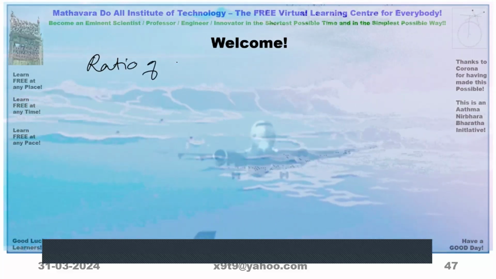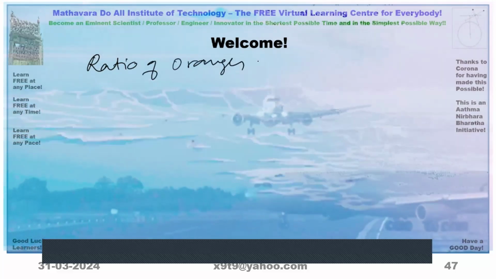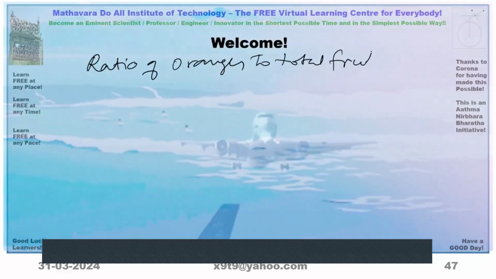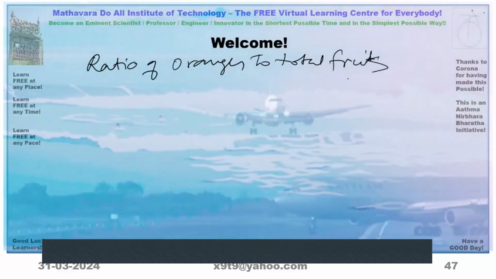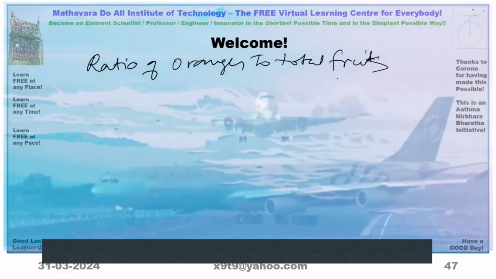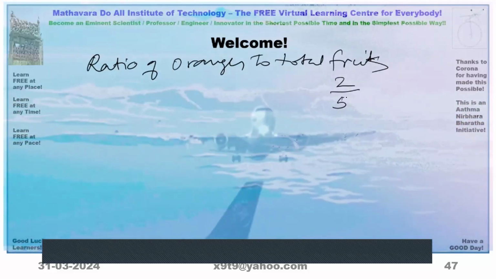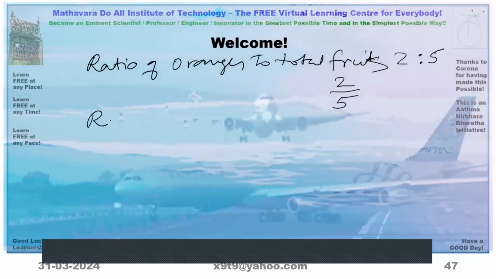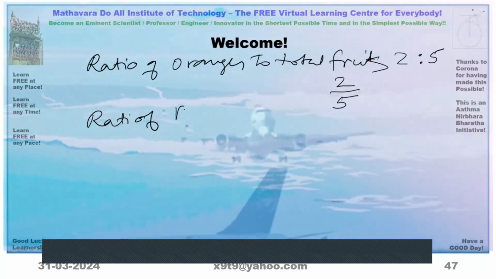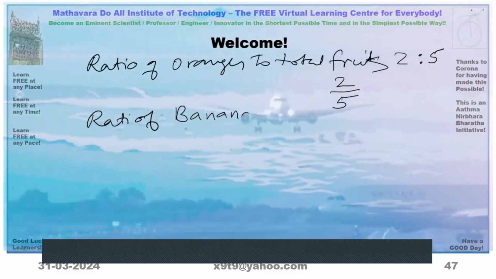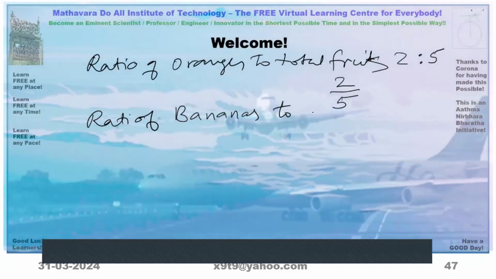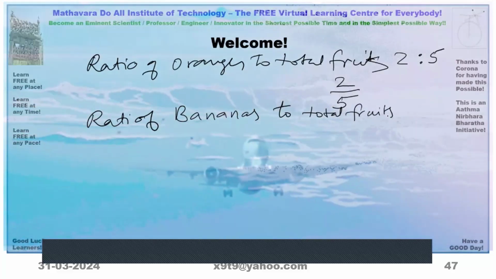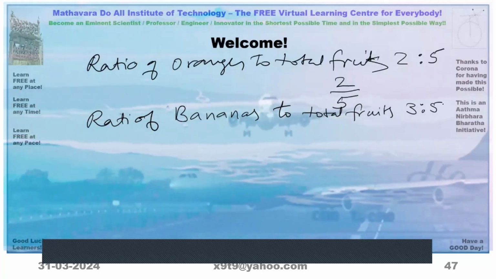So ratio of oranges to total number of fruits, how much is it? I think it is 2/5, is it not? Or 2:5? Yeah. So ratio of bananas to total fruits will be 3/5.